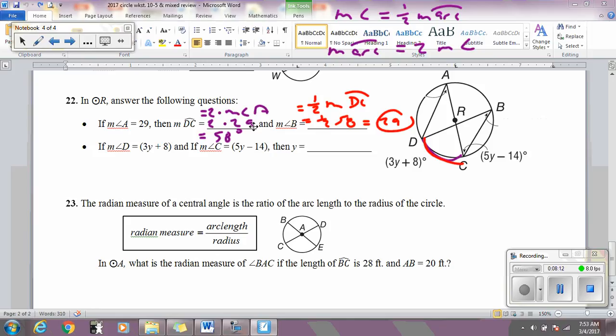So it's on page 4 of our packet. And I believe the theorem was 10.8, or sorry, 10.7, which says if two angles intercept the same arc, so angle A intercepts DC, angle B intercepts DC, then angle A is congruent to angle B. So I really didn't need to take half of that arc if I remember that theorem, but if you don't, then there you go.